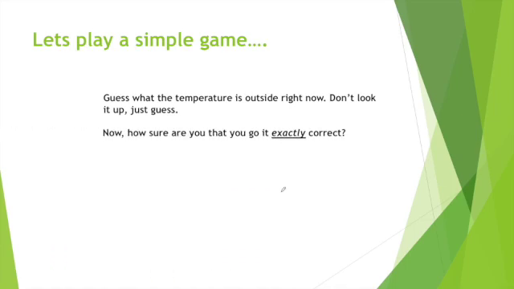Now, how sure are you that you got it exactly correct? Oof, I'm not super confident. I would say maybe like 40% confident. So let's say I was 40% confident.